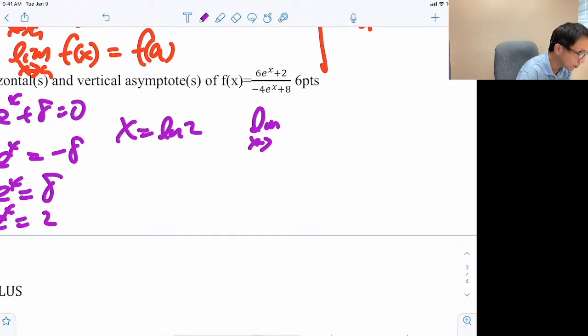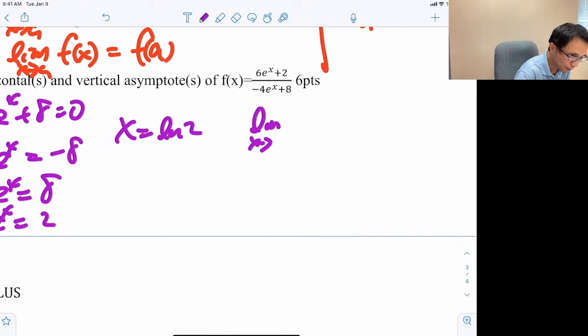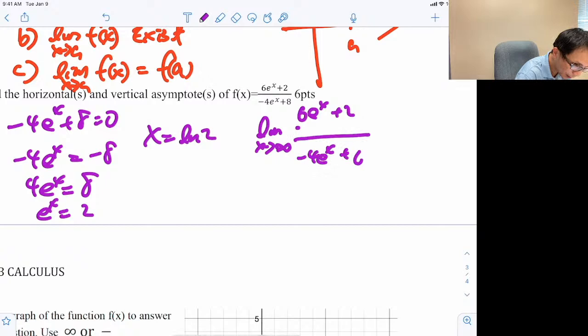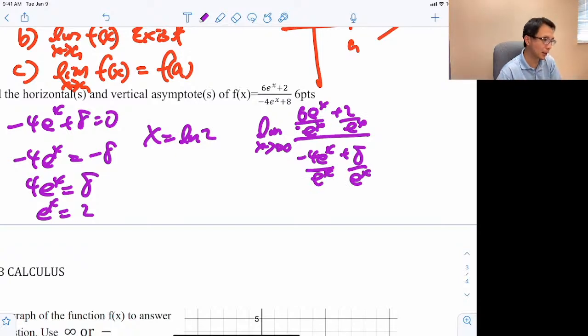I don't remember people's names, but I remember the stupid stuff like this. So the limit as x approaches infinity of 6e to the x plus 2 over negative 4e to the x plus 8. I'm going to divide everything by e to the x, because when I reach infinity, I divide by the highest degree in the denominator.